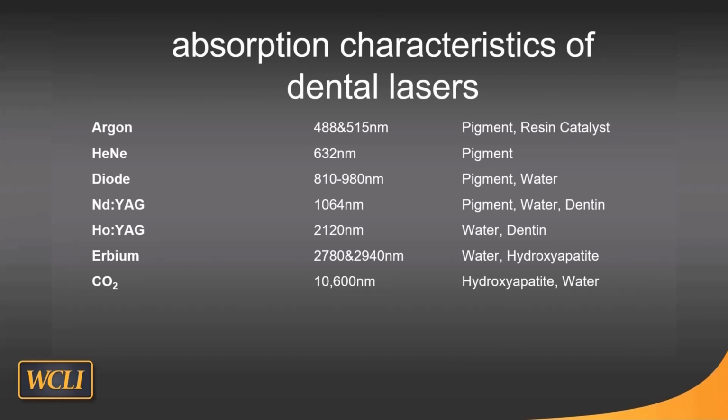So if you look down, you see erbium lasers at 2780 nanometers. That's your water laser, absorbed primarily by water and hydroxyapatite, which is why it cuts soft tissue and hard tissue. So it's not a coincidence. These lasers were made specifically for absorption in these particular biologic materials in order to get the best biologic effect.